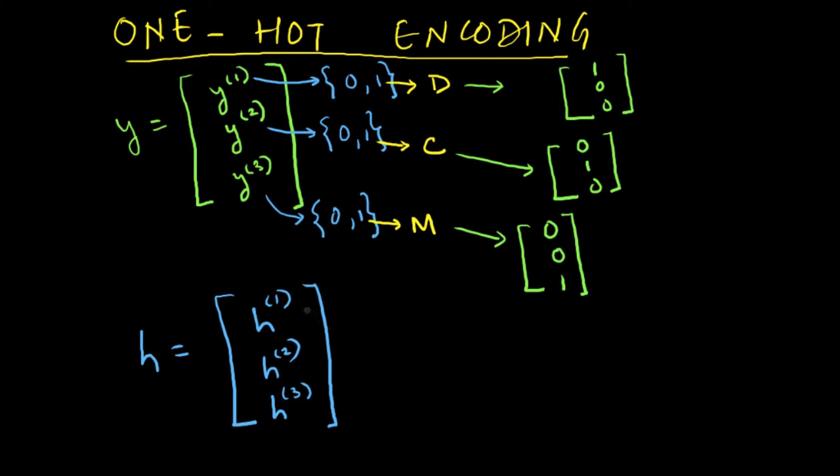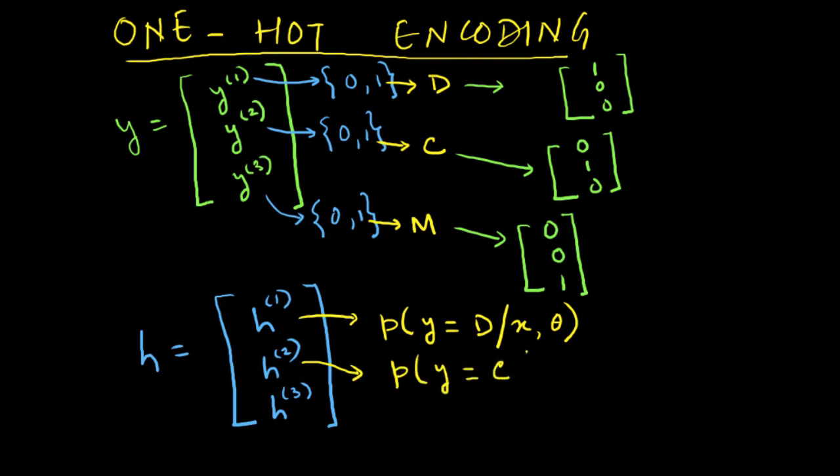So this h1 represents the probability of the output being equal to a dog given the input values and the model parameters. This represents the probability of the output being a cat given input and parameters, and this represents the probability of the output being a mouse given the input and the parameters.